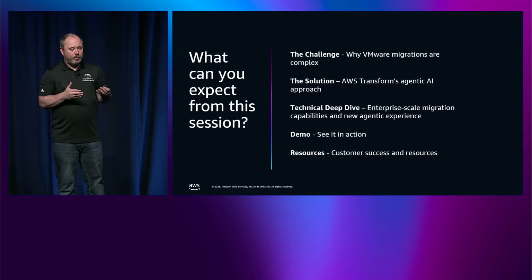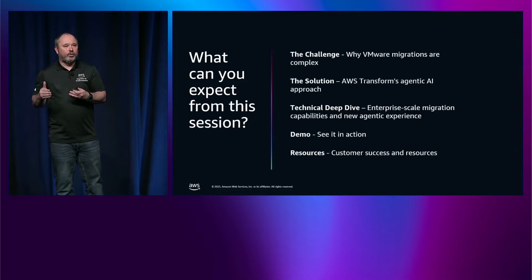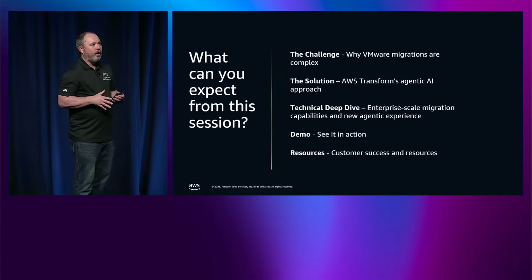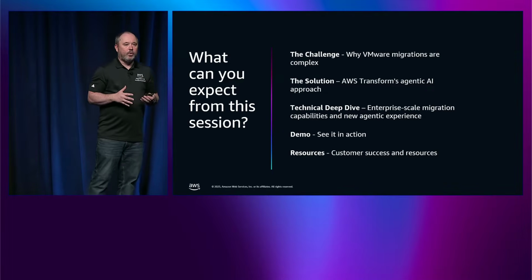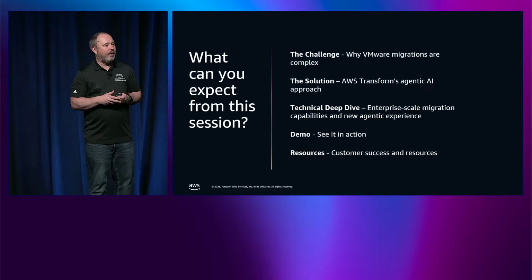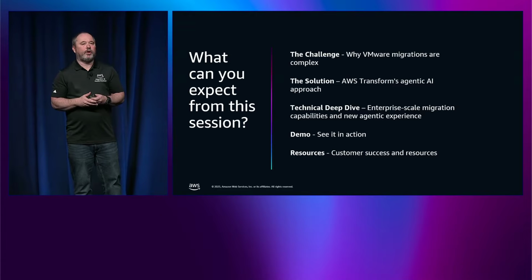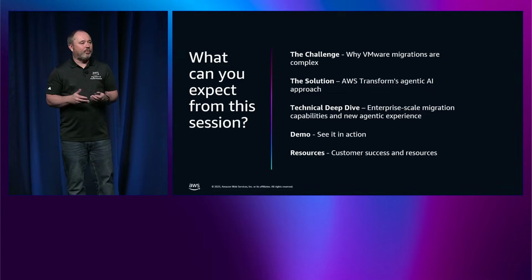And then Rajesh will actually walk you through the solution, what we built with AWS Transform, particularly for VMware. And then Harpreet will do a technical deep dive where he will walk you through the service and we'll actually get some hands-on experience with it. You'll get an in-depth demo. And then we will close with a couple of customer stories and some resources for you to take next steps around Transform.